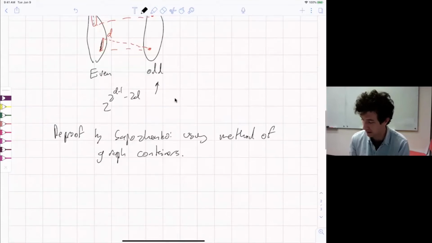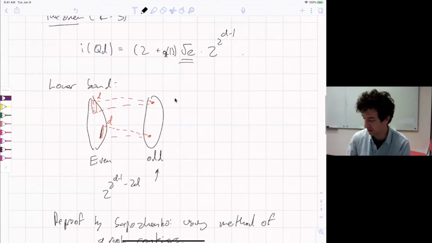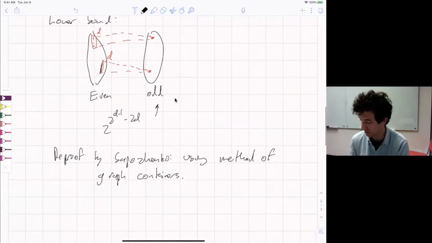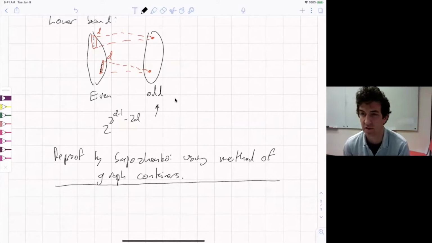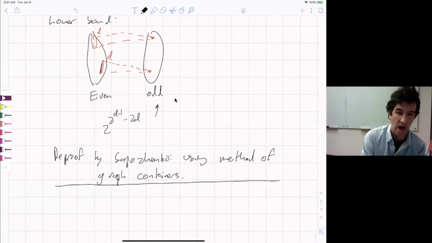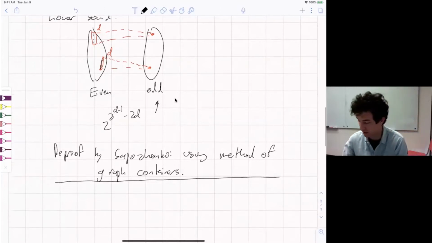And this is a very powerful method for bounding the number of independent sets in a graph. And so besides being a nice formula here, this second proof by Shapovalov is very influential for his implementation of this method of graph containers. Okay, and that's going to be a theme here.